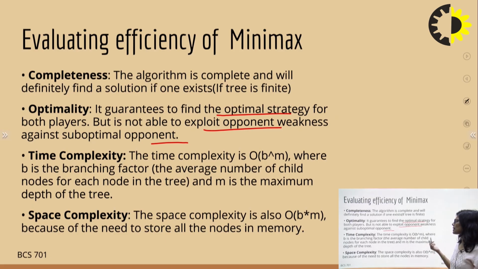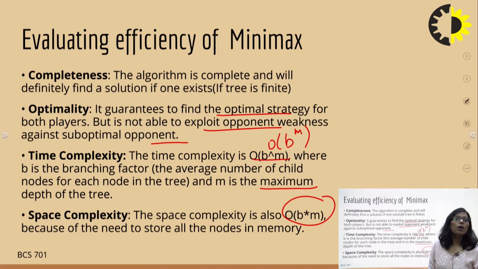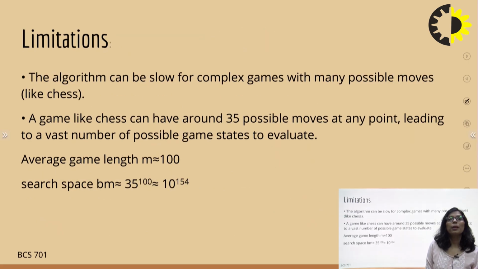Time complexity is the same as that of DFS, that is order of b to the power m, where m is the maximum depth of the tree. Space complexity is also the same as that of DFS. Now, what is the problem of the min-max algorithm?